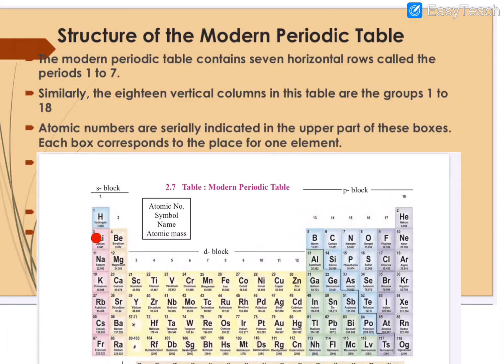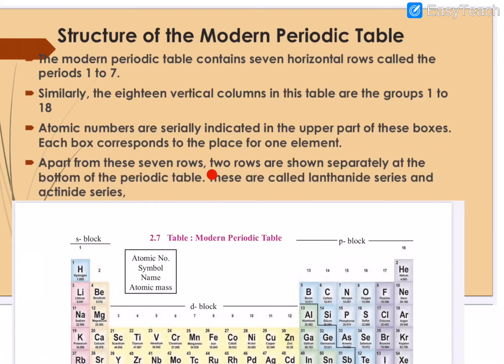You can see atomic numbers 1, 2, 3, 4, 5, 6, 7, 8, 9, 10, 11, 12, 13, 14, likewise going in horizontal ways. In the upper part of each box, the atomic number of each element is written.